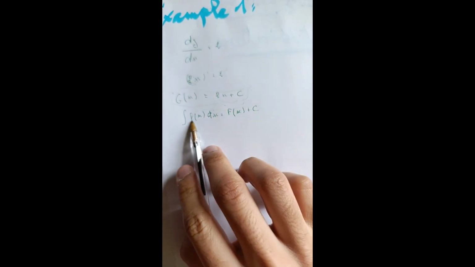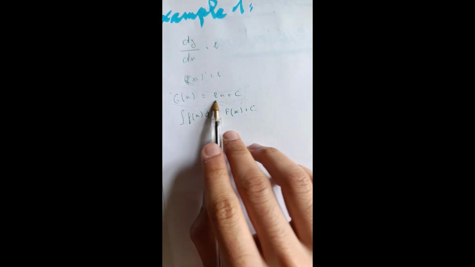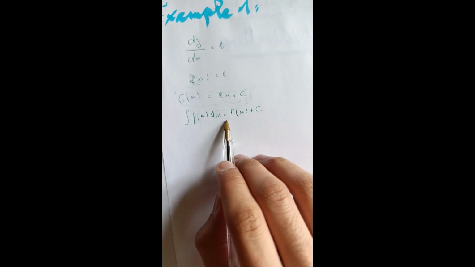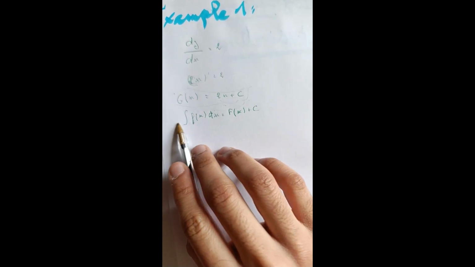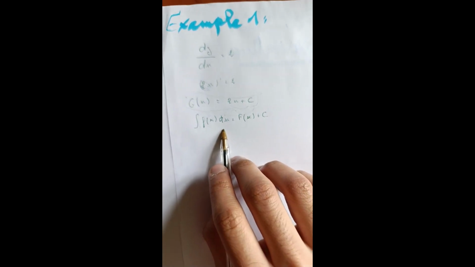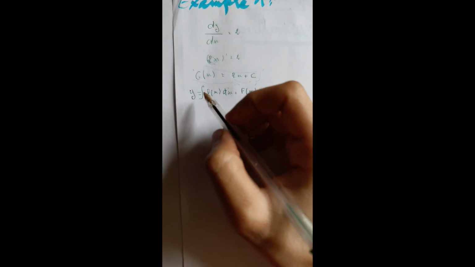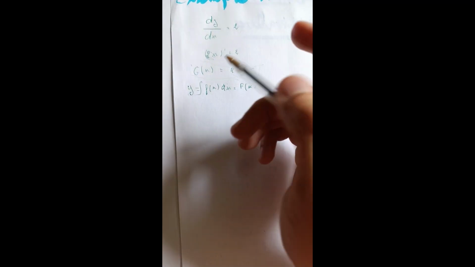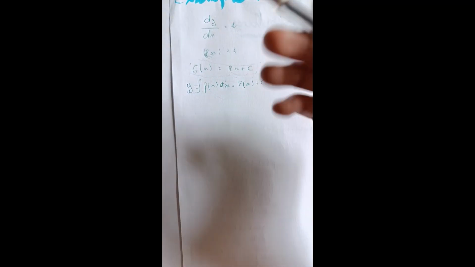This is another form of writing g of x equals f of x plus c. This is the form that we'll be using throughout integration, and this is also the y in the differential equations that we try to solve.